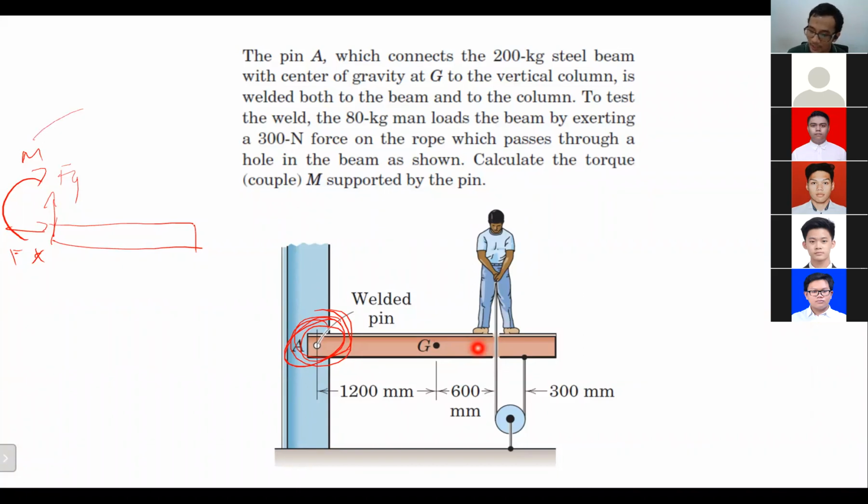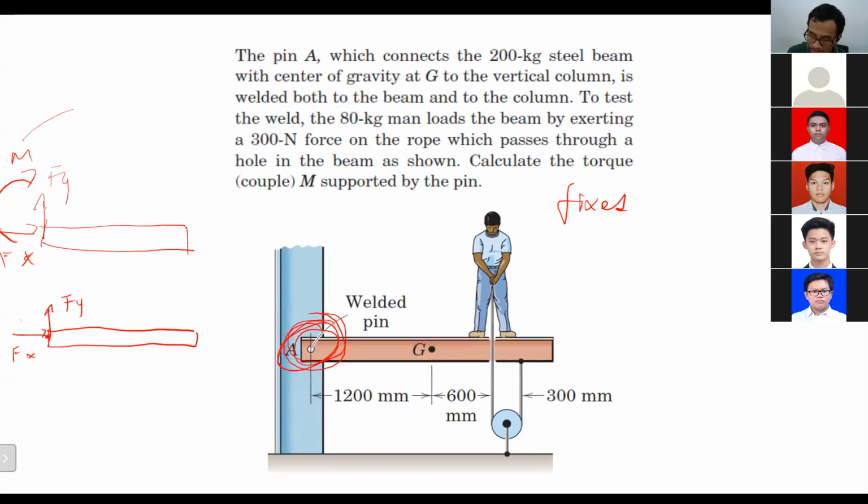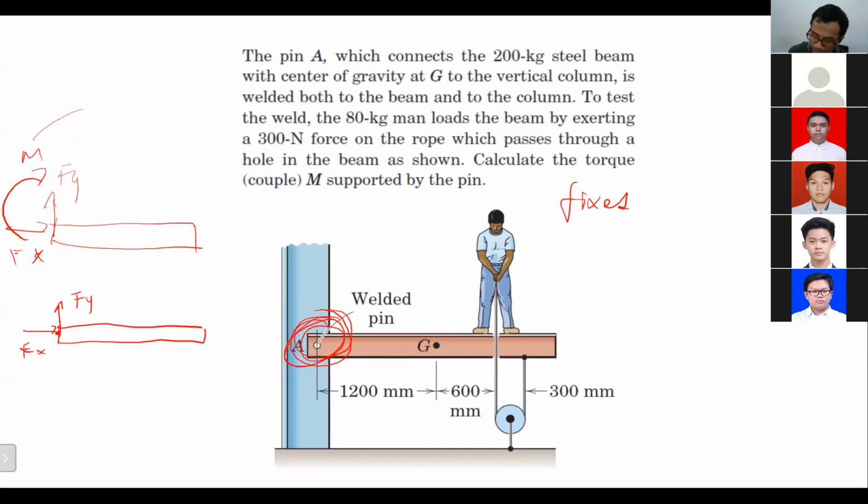So whenever we have a fixed constraint, for example at the left edge, we have to draw it like this in the free body diagram: Fy, Fx, because it will not be able to move in the x and y direction, and besides that a moment, because it will not be able to rotate as well. So we draw the free body diagram like this at the left edge.